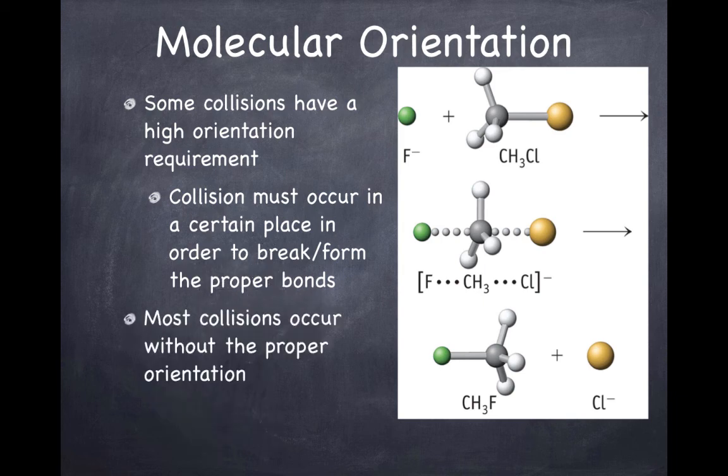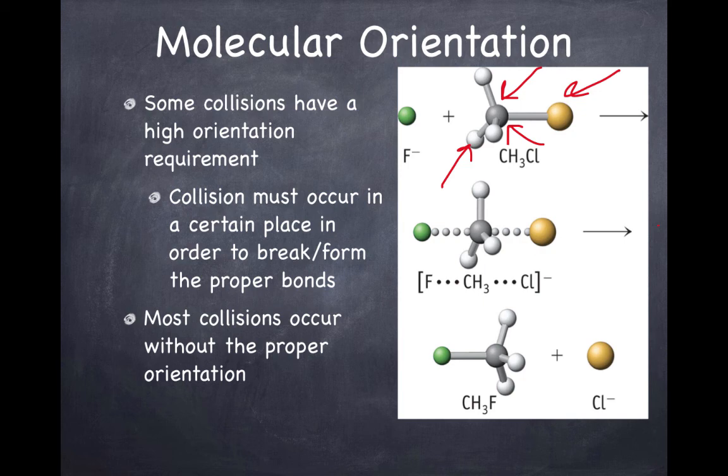So as I mentioned in the previous slide there, most collisions occur without the proper orientation. If this fluorine atom were to hit maybe here, or collide with the hydrogen, or collide with the chlorine, it wouldn't actually be able to break that bond between the carbon and the chlorine.